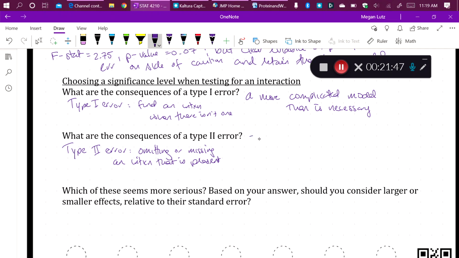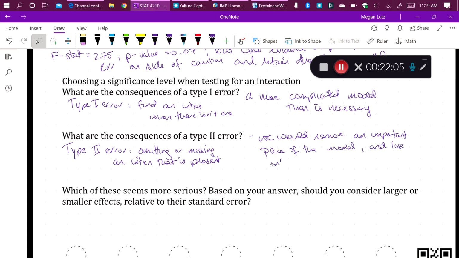So we would remove an important part of a model and lose information about the real world. And that doesn't sound good, right? Because that's a type 2 error.